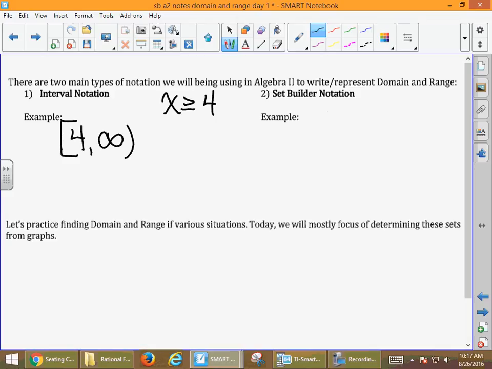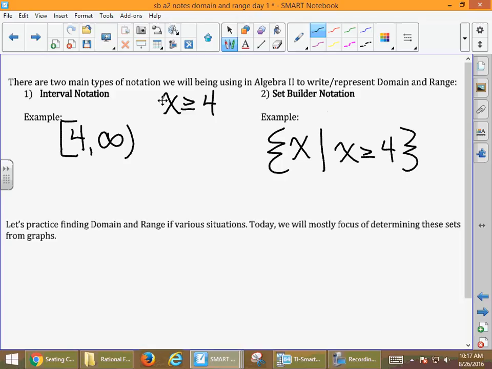Now set builder notation, you've probably seen it before, but set builder notation uses braces. So it's this symbol. And we would still have the x is greater than or equal to 4 in there. But the set builder notation just gets a little bit more technical.